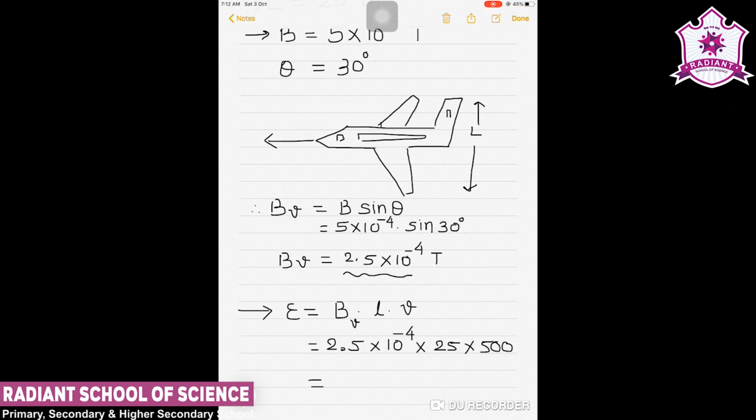So if we solve this, we get approximately 3.125 volt. So this much voltage develops, and this will be the answer of question number 10.